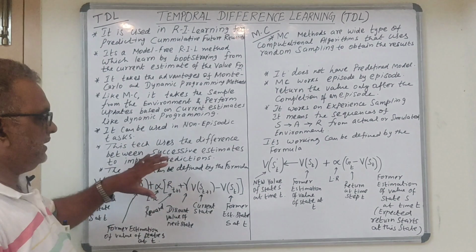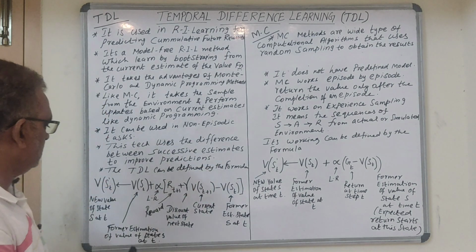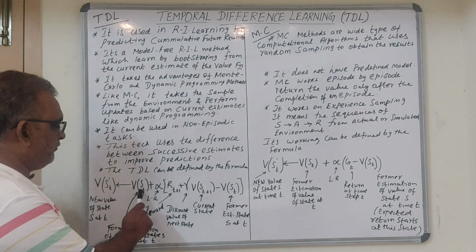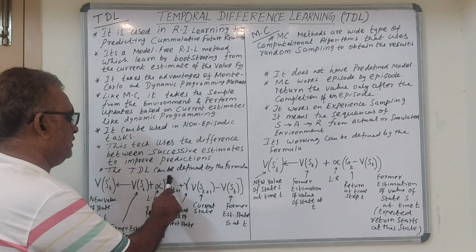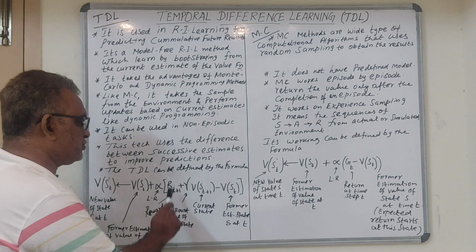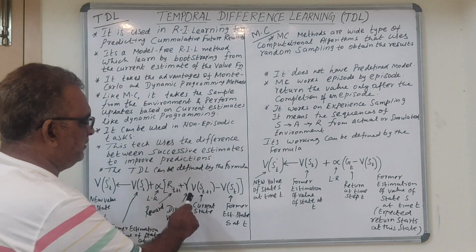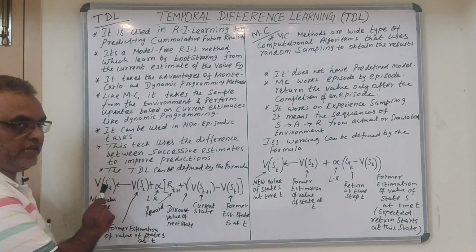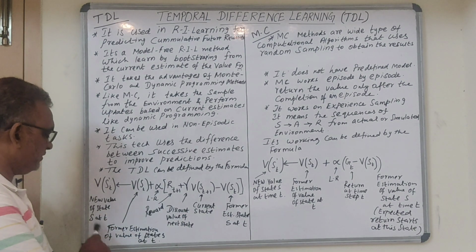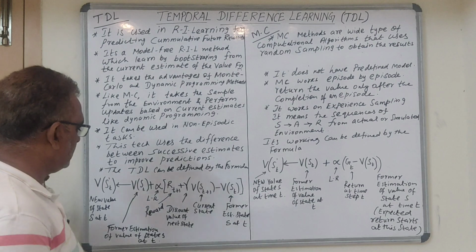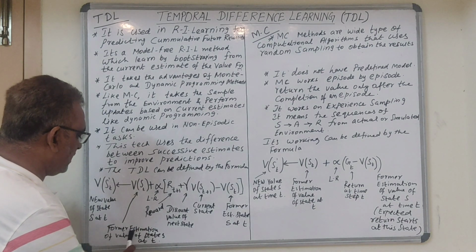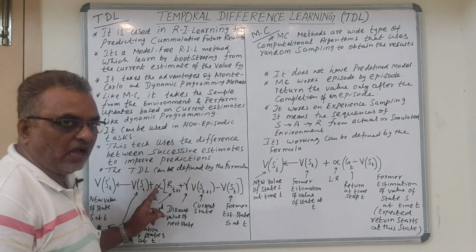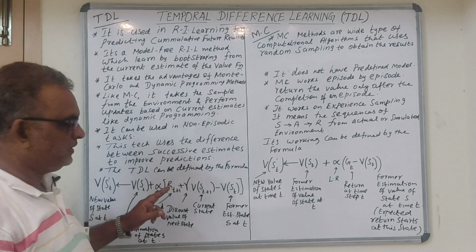The TDL can be defined by the formula V of S dash t replaced by V of st plus alpha into R t plus 1 plus gamma V of st plus 1 minus V of st. Here V of S dash t is the new value of the state at time t, and V of st is the former estimation of value of the state S at time t, and alpha is the learning rate.